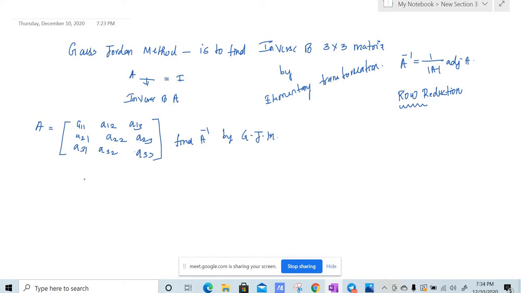First what you have to do is, you need to augment A I. In Gauss elimination method we augment A and B, where B is the output vector, that is the RHS part. Here we need to augment A with identity matrix.